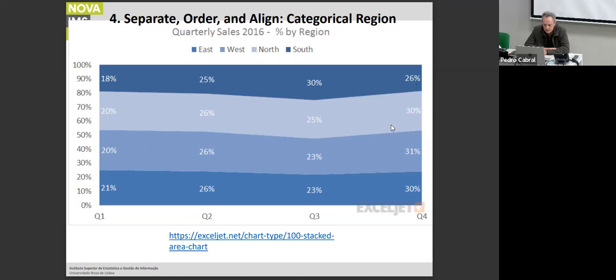Not the column, the line, okay? So I think this is a good option for this specific case. Doesn't mean it's for your data set, okay? That's why we should understand what are the options available so we can actually come up with the best chart for our data, okay?